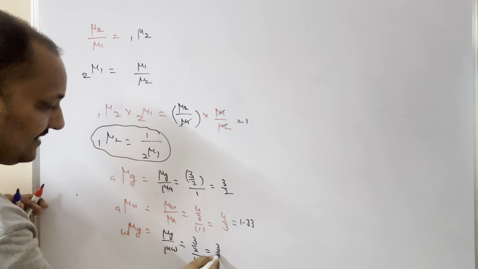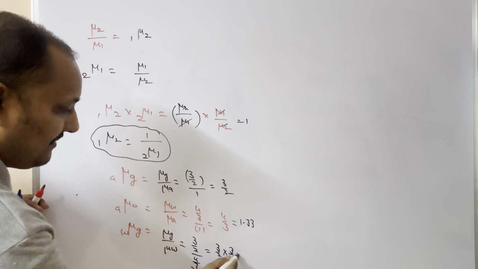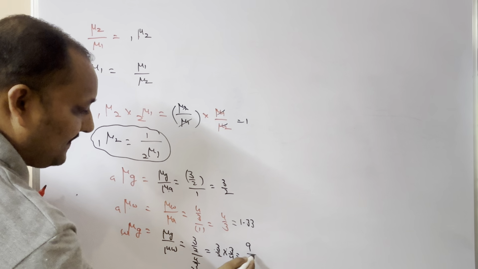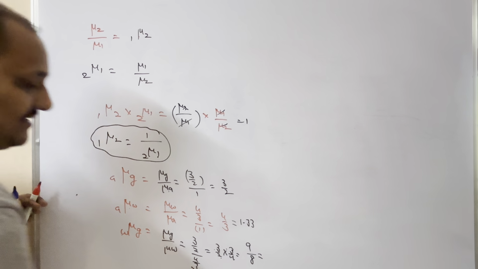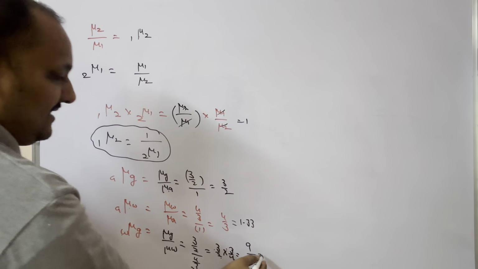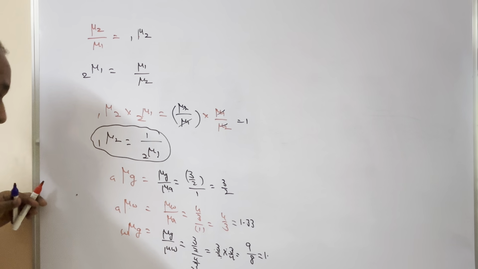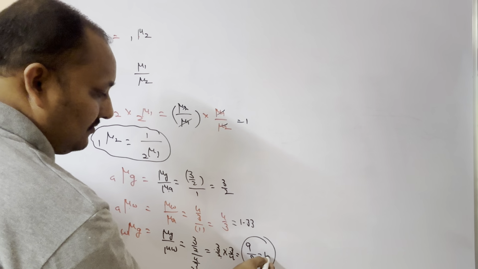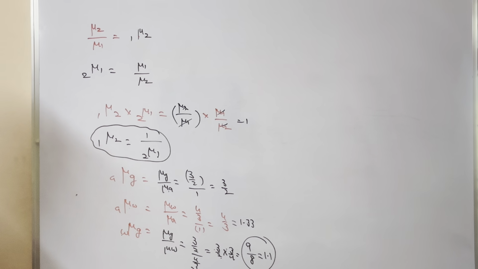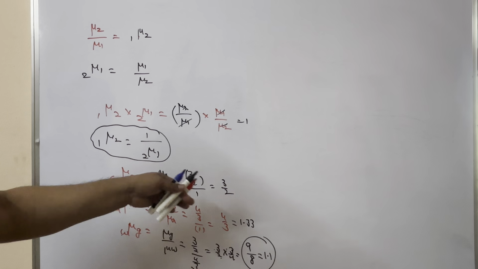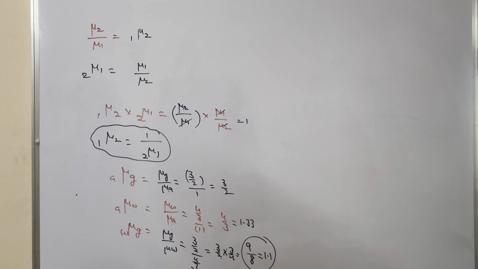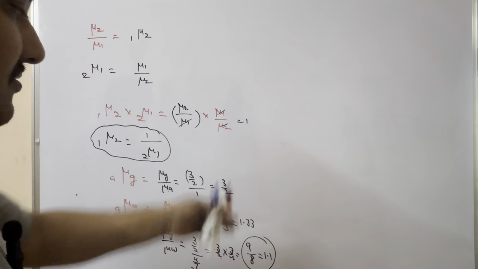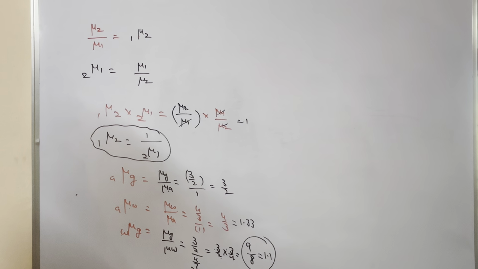So, if you multiply this 3 by 2 into 3 by 4, that is going to be 9 by 8. So, 9 by 8 means 1.1 something, isn't it? So, 9 by 8. On this also they are going to ask the problems, you have to apply very clearly.